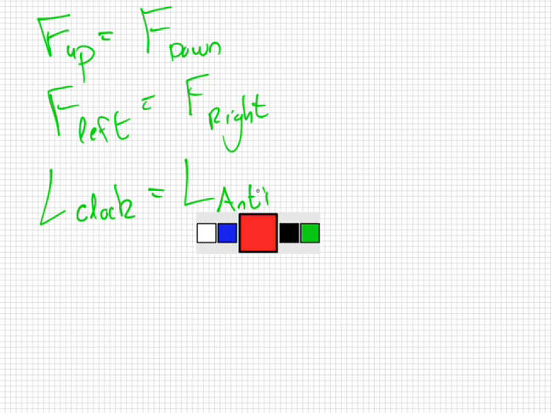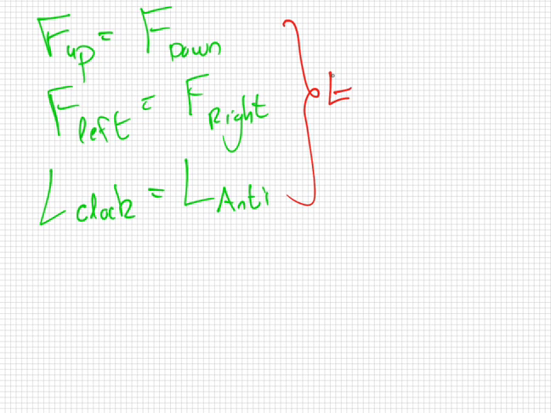And there's a word here that describes this situation, which I actually haven't given to you yet. Equilibrium. If something is in equilibrium, it means all the forces are balanced. That's what equilibrium means.